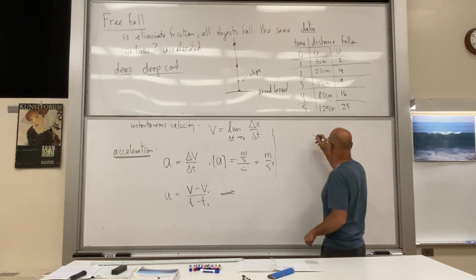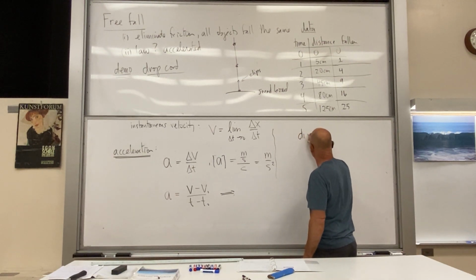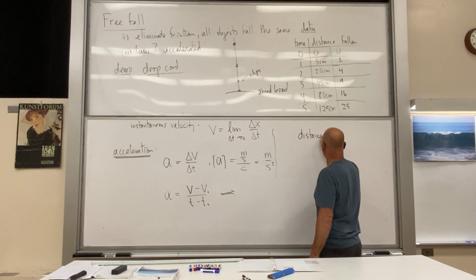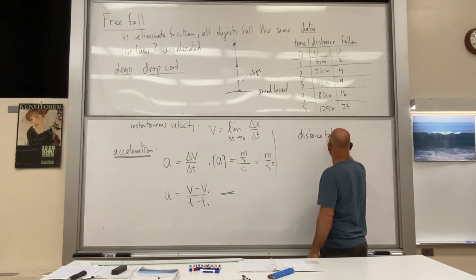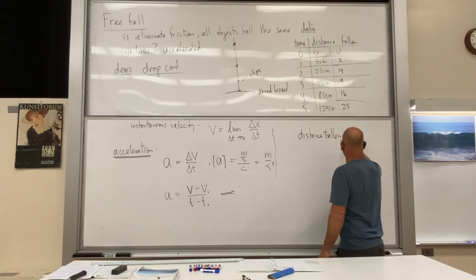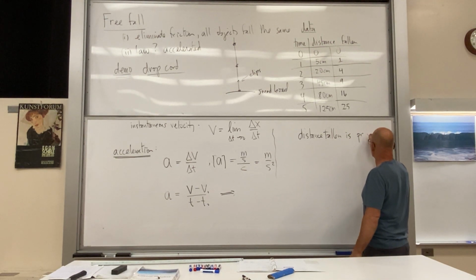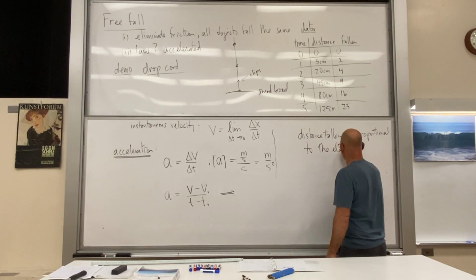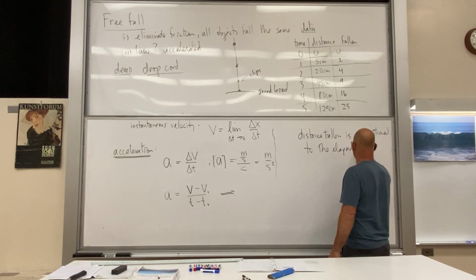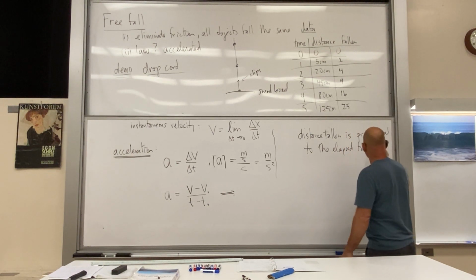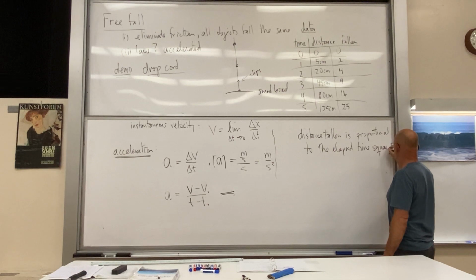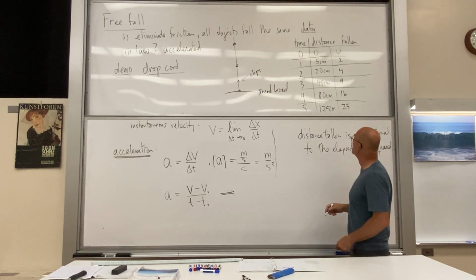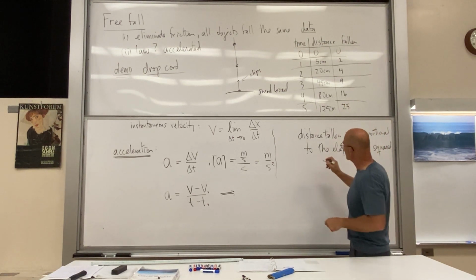So what we have is distance fallen is proportional to the elapsed time squared. That's the law that we have in our data table here.